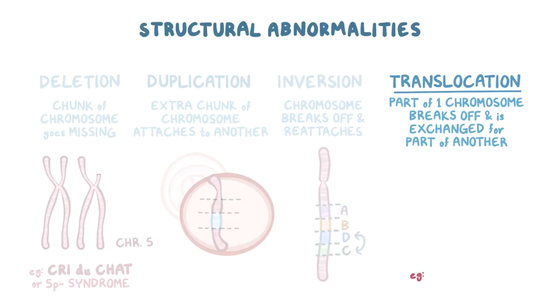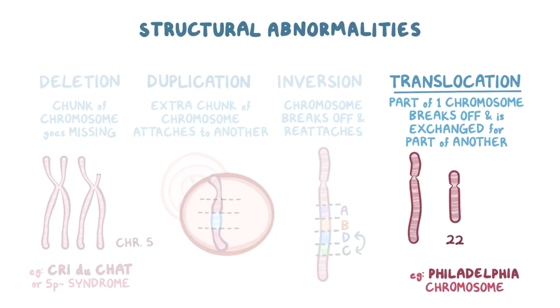A classic example is the Philadelphia chromosome, which is a chromosome 22 with a bit of chromosome 9 on it. Right where they come together, there's a fusion between the BCR gene, initially in chromosome 22, and the ABL gene, originally in chromosome 9. So there's a fusion gene ABL-BCR, which leads to uncontrolled cell division that results in a type of leukemia.